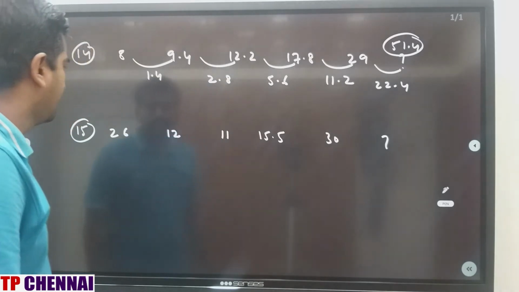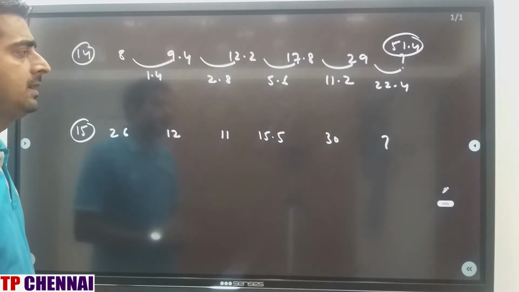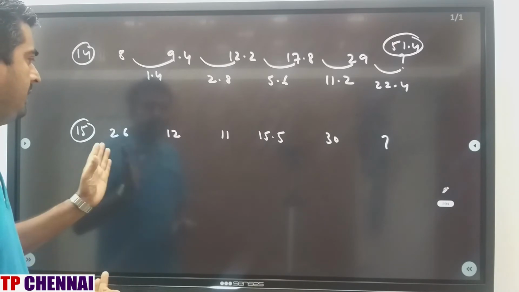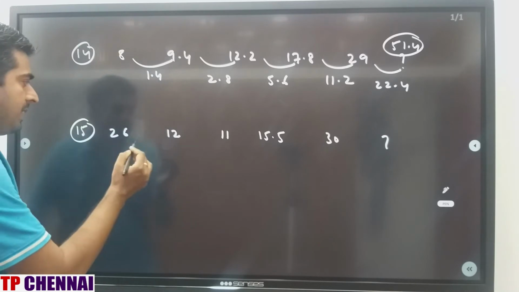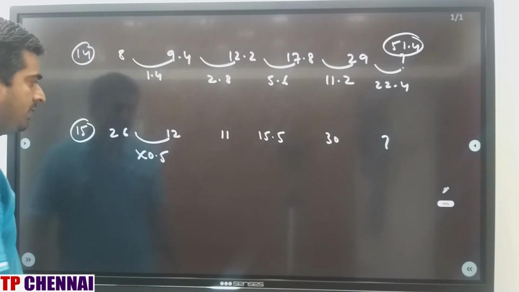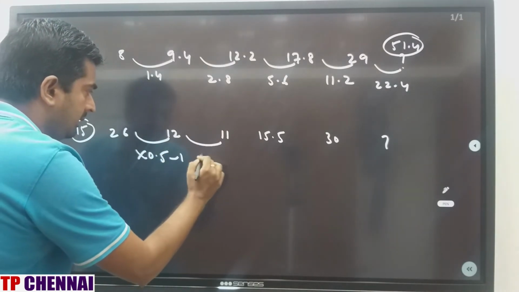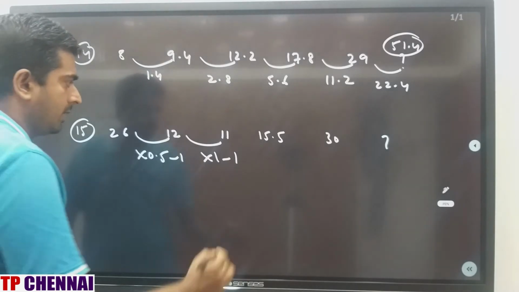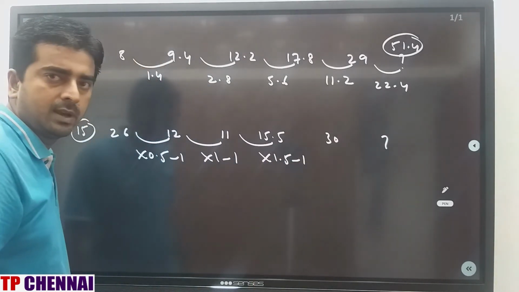Next one: 26, 12, 11, 15.5, 30, question mark is there. 26, 12, the nearest number is 11. That means it follows multiplication by a fraction. This is 0.5. What is 26 half? 13 minus 1 is 12. This is into 1 minus 1. This is into 1.5 minus 1. This is also correct.